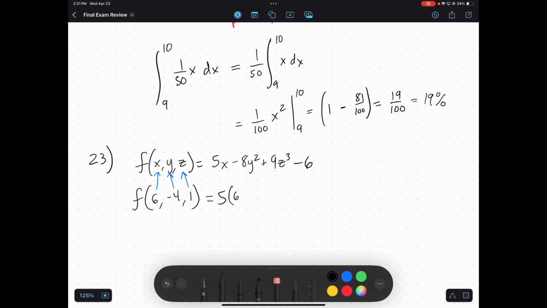So I'm going to plug 6 in for x, negative 4 in for y, and 1 in for z. And I'm left with 30 minus 128 plus 9 minus 6, which is negative 95. Oh, nice easy one. Nice easy one.